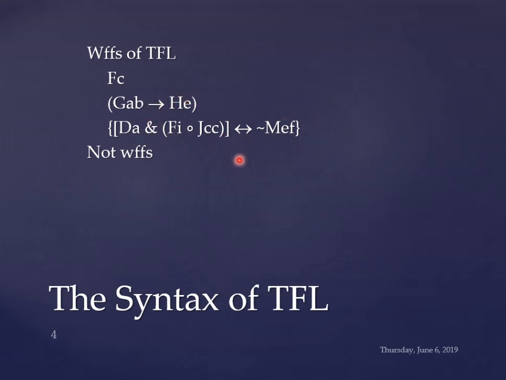Those are all good. These are not, because P is not part of the alphabet, so you can't use that. We're missing brackets here, and the problem with this one right here is that we're missing parentheses around a pair. We don't know what the main connective is inside of these brackets here. So we're missing some brackets.